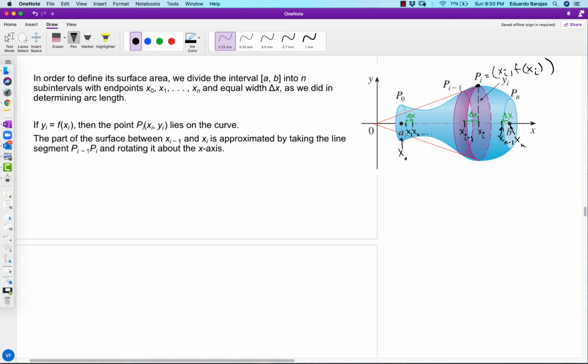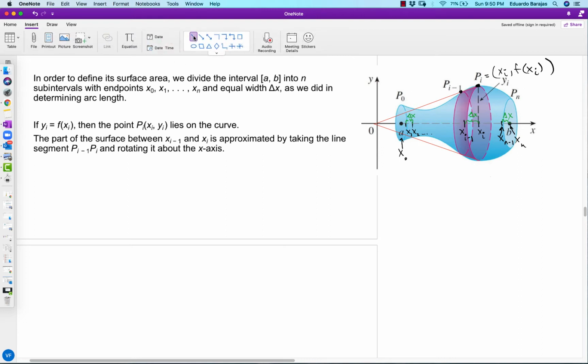And so this point over here, which is the result of this one, let's put a line there, from there to there.